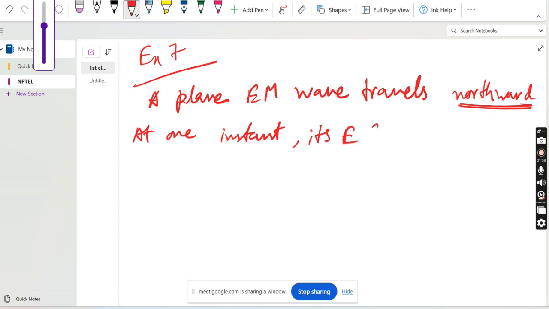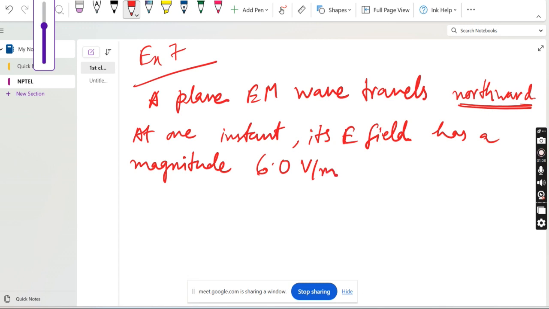Its electric field has a magnitude of 6 volt per meter and points eastward.